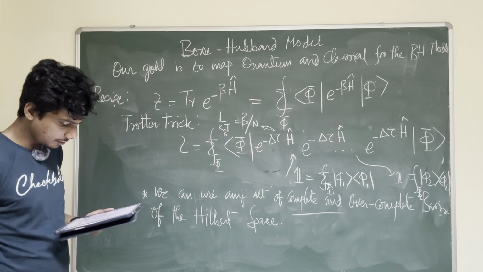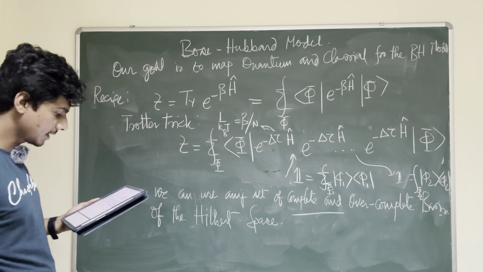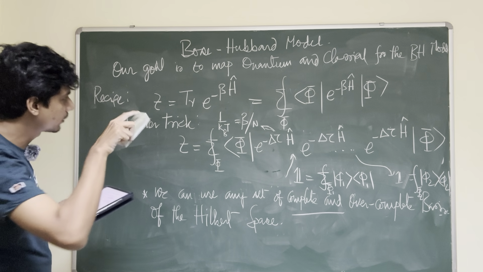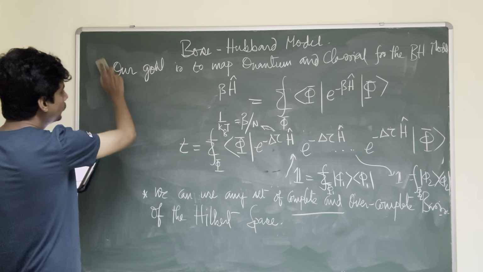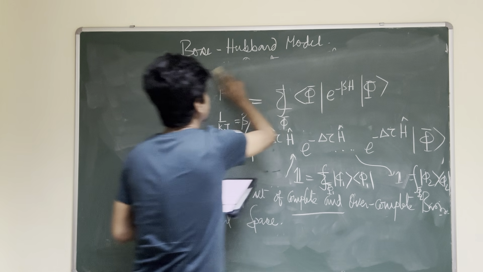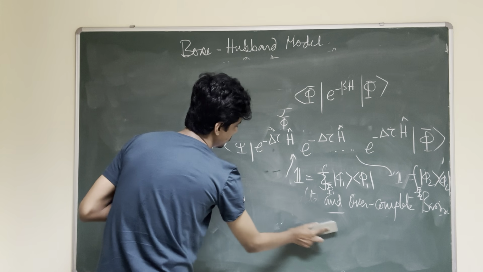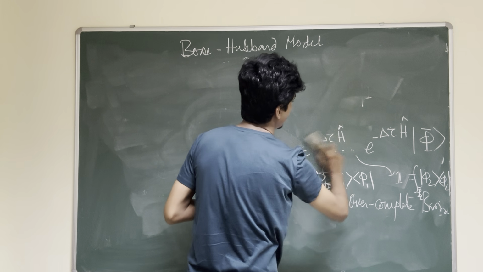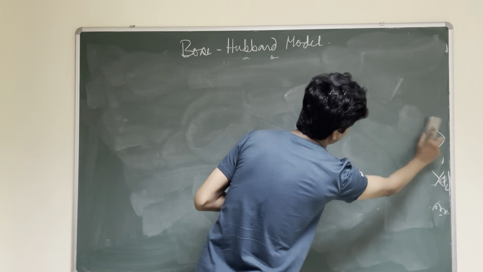And now you may ask a question: what is the basis for interacting bosons? This is one of the very good questions. So we want some basis. I will erase this because the board is too small, and I need to make some space to write the further calculation and concepts.